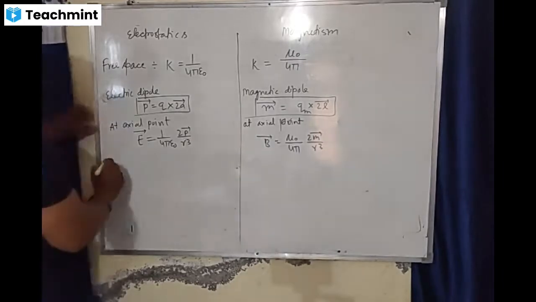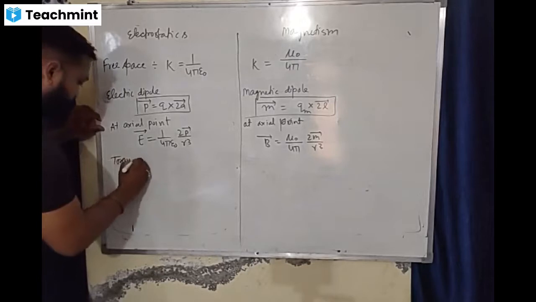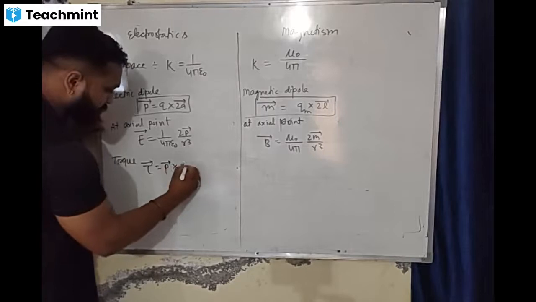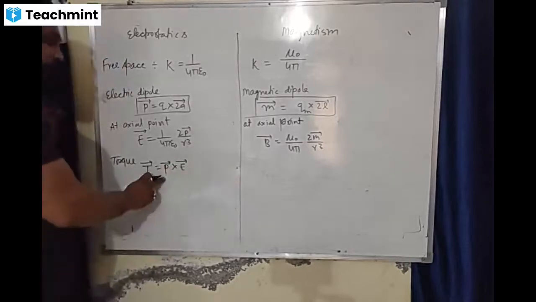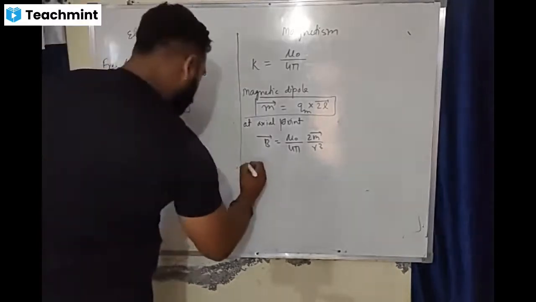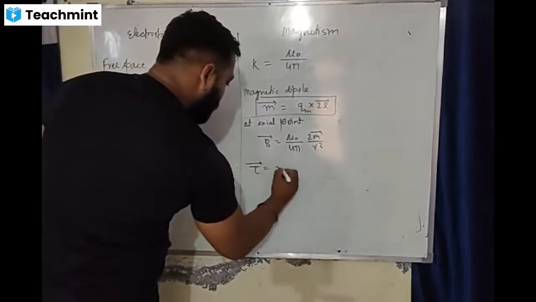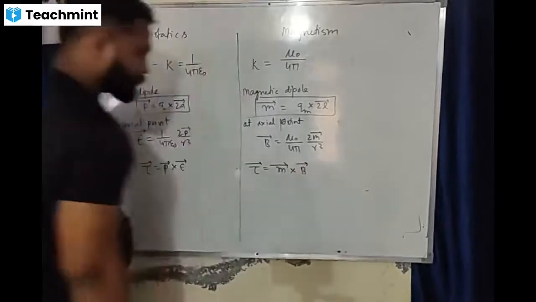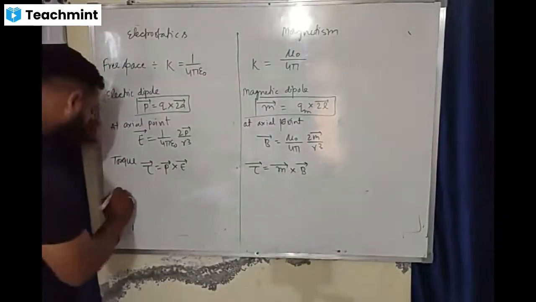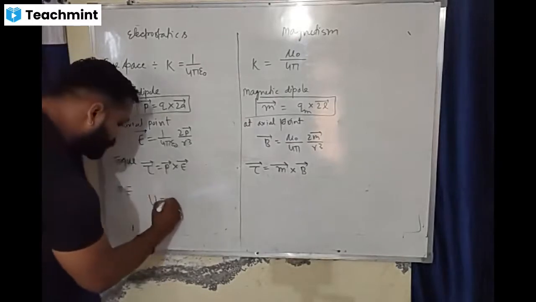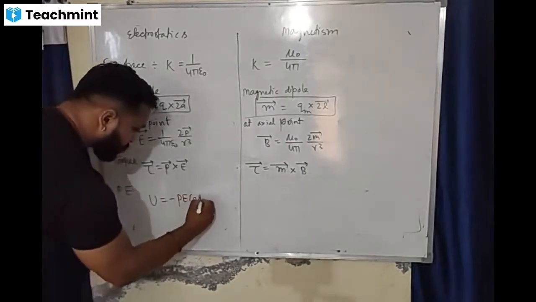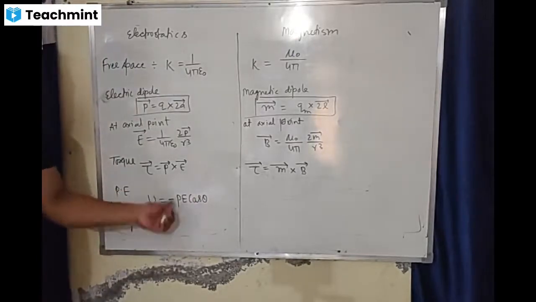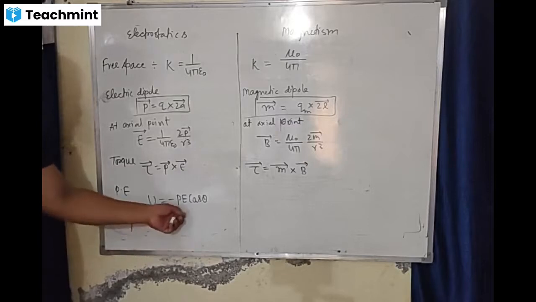If you find out the torque, last day we also found the torque. Here torque is given by P cross E, the product of electric dipole moment and electric field. But when we talk about torque in magnetism, it is the product of magnetic dipole moment and magnetic field. And if we talk about potential energy, U equals minus PE cos theta, the product of the electric dipole moment and electric field.